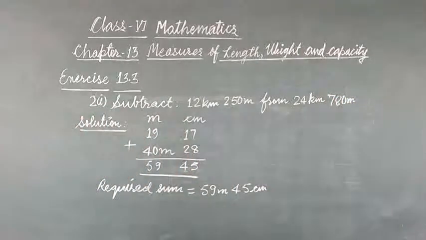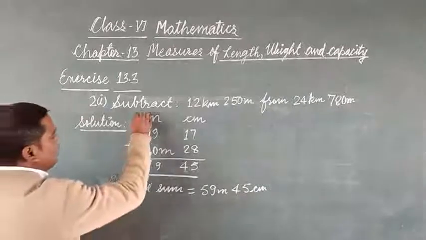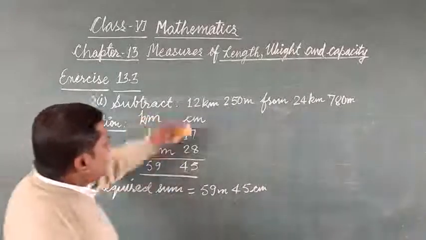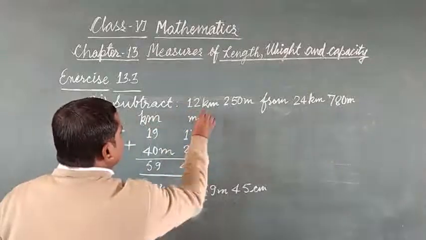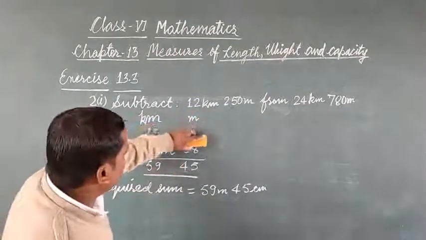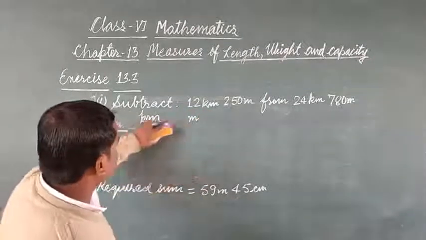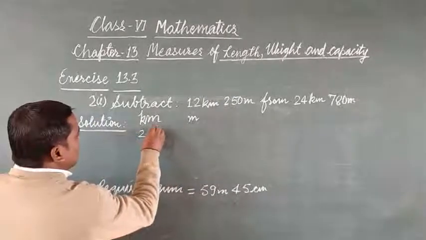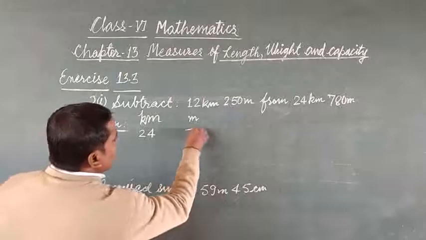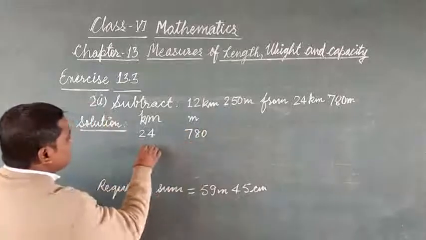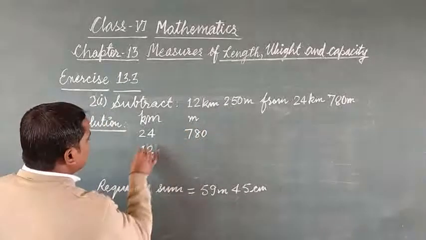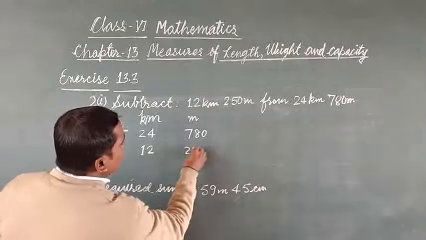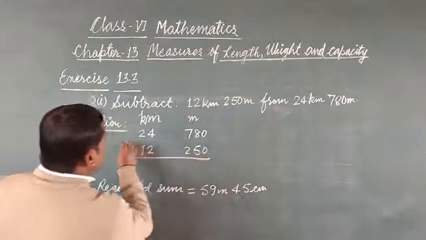We will write kilometer here and meter here. We write 24 kilometer 780 meter, and below it 12 kilometer 250 meter. Then we will subtract.